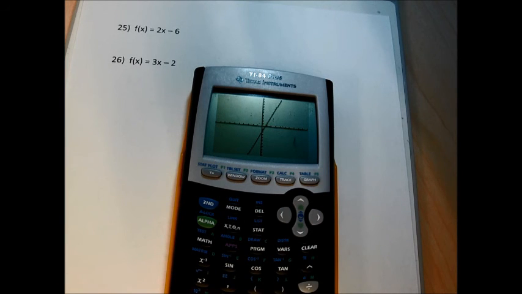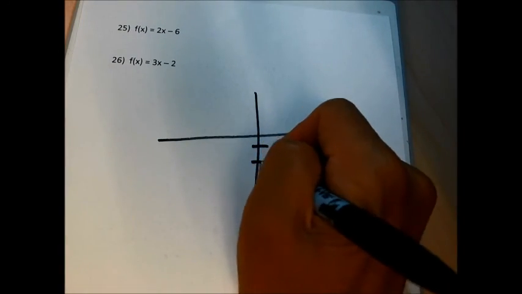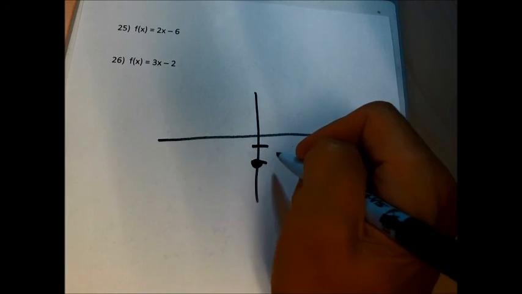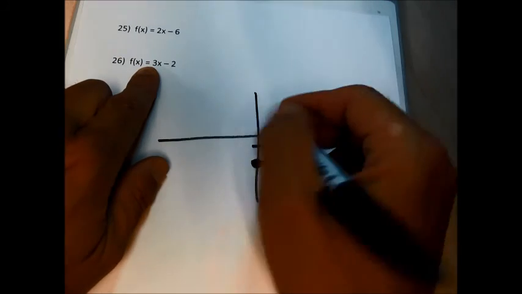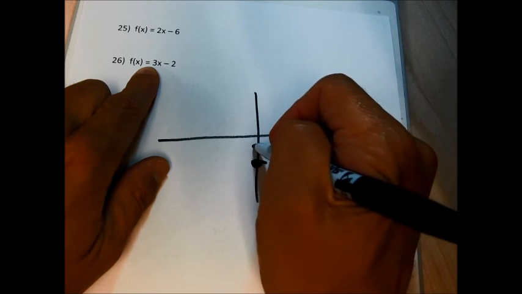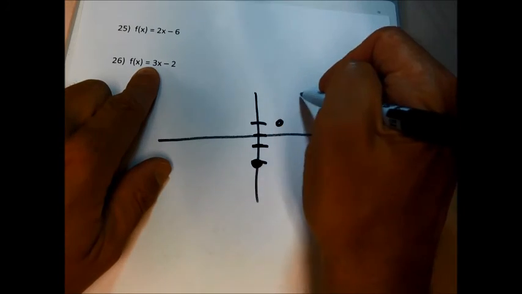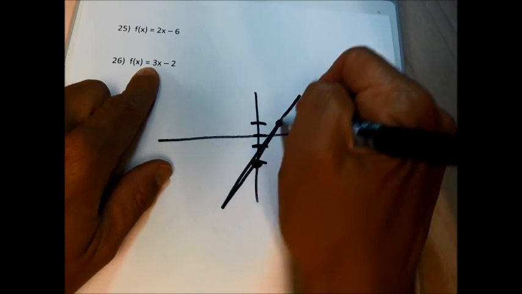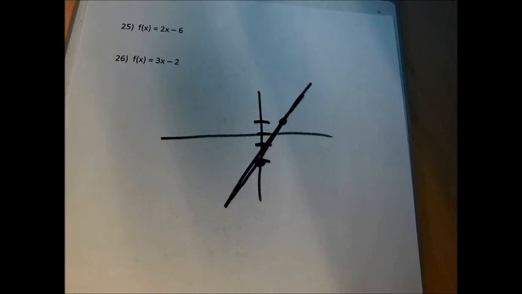Lines don't have any breaks in them. So for the graph of number 26, I'd go down 2 on the y-axis, and then the slope is 3, which is 3 over 1. You don't have to remember this right yet. So up 3 over 1, draw the line, and I can draw that graph completely without lifting up my pencil.